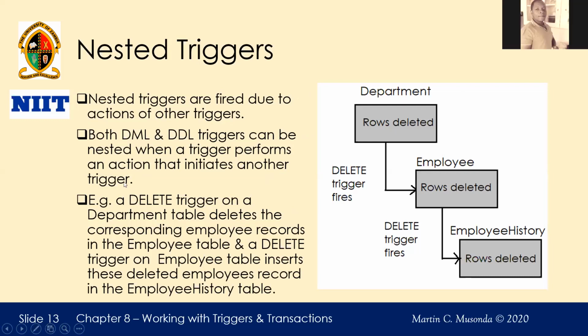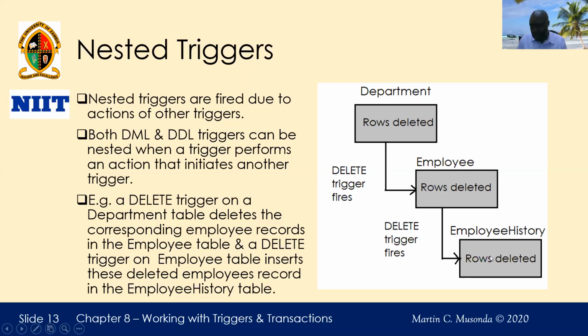For example, a delete trigger on a department table deletes the corresponding employee records in the employee table, and a delete trigger on the employee table inserts those deleted employees' records into the employee history table.